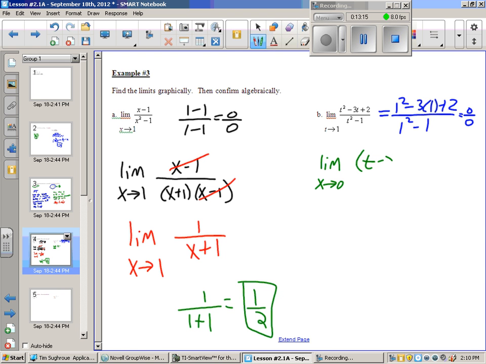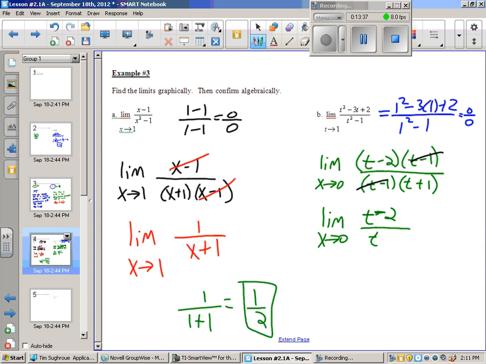This is t minus 2 times t minus 1 all over t minus 1 times t plus 1. Factor the top, factor the bottom, and cancel. The limit as x approaches 0 of t minus 2 over t plus 1.